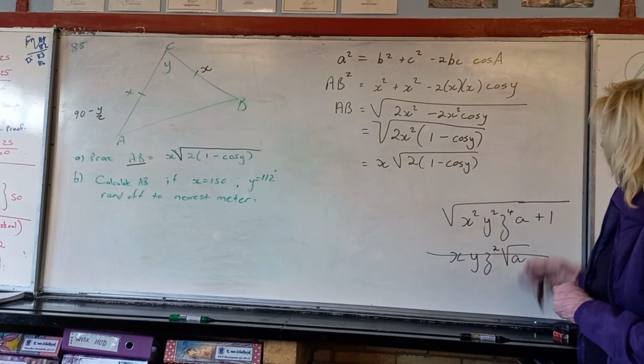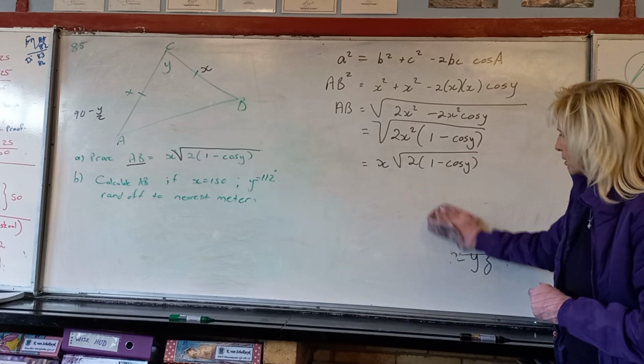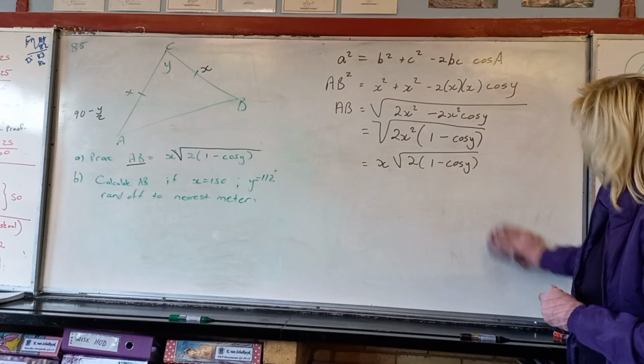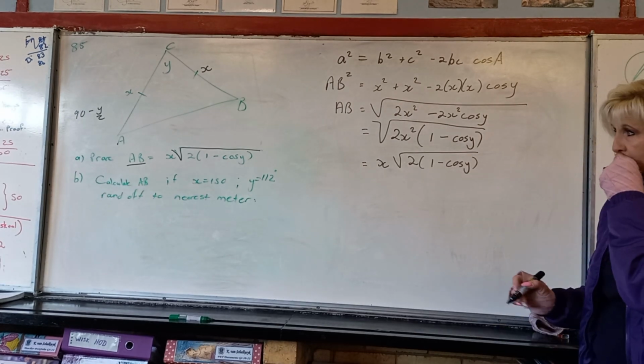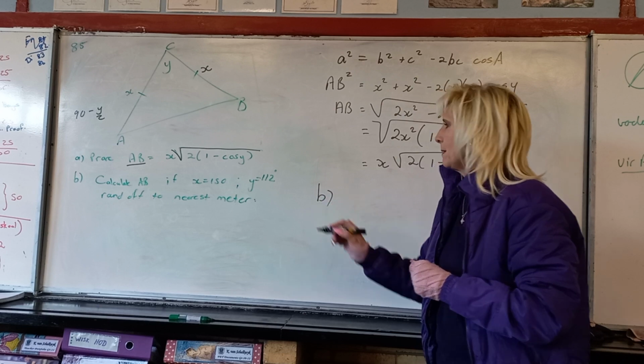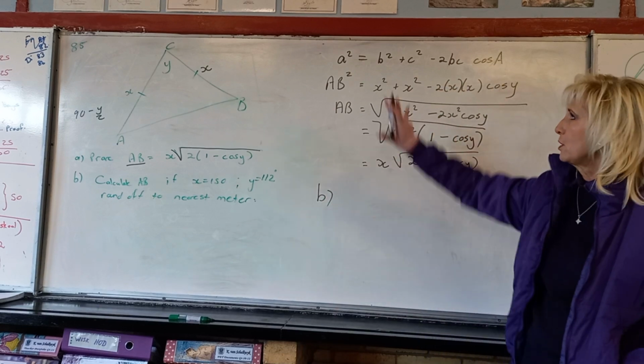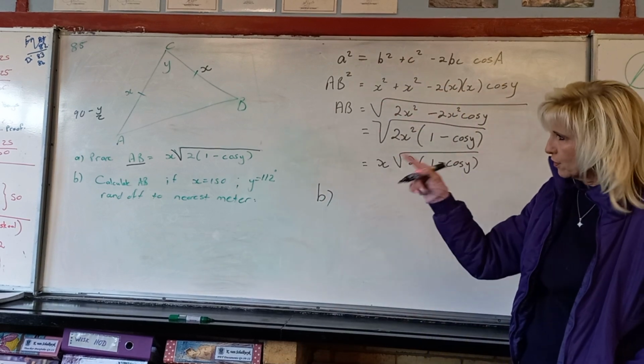If you couldn't get to that answer, the next part of the question was like a bonus, a giveaway, a Christmas gift. For the B part, if they say calculate AB, whether you could do it or not, you've got the formula.